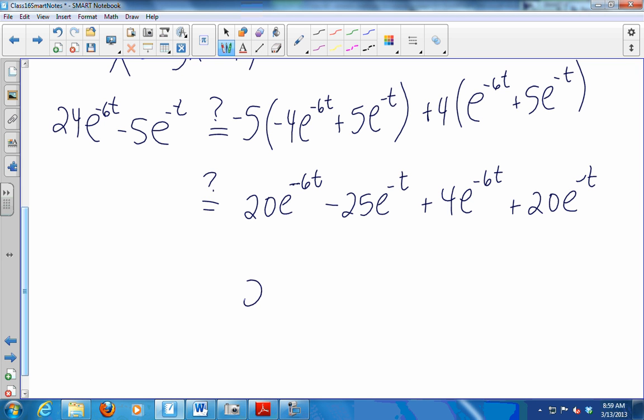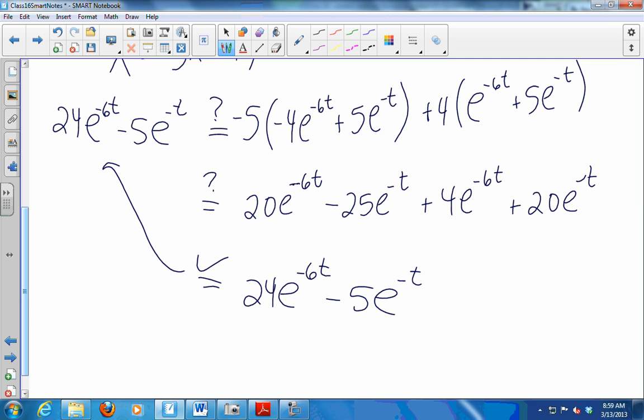So I get 24 e to the negative 6t, and negative 25 plus 20 is minus 5 e to the negative t. So it is equal to that. So the x prime equation is true.